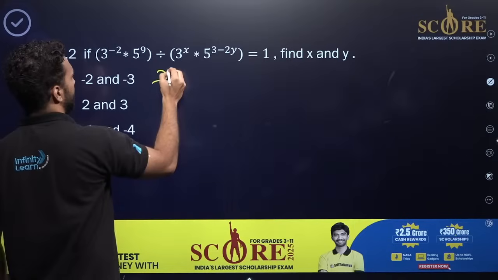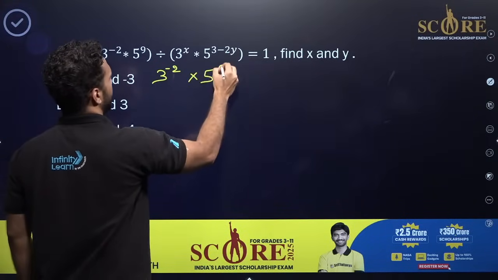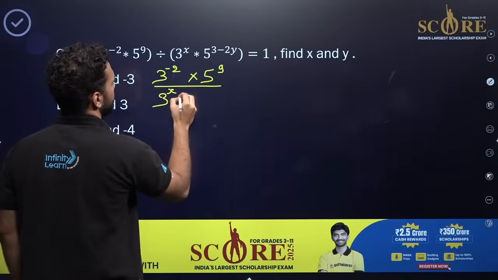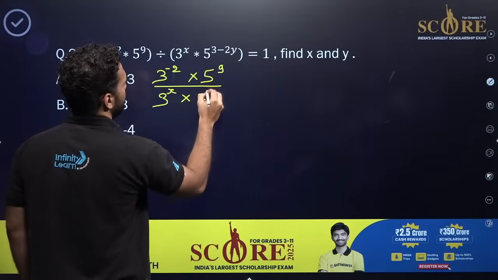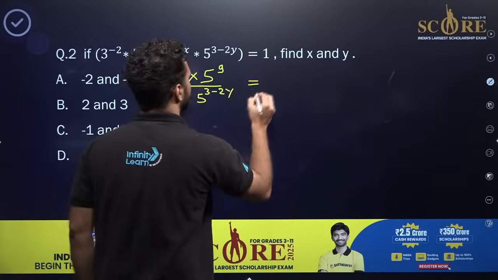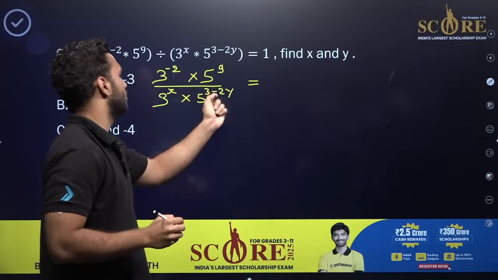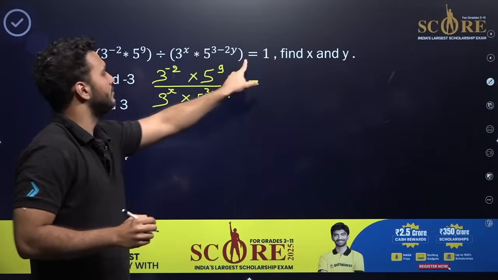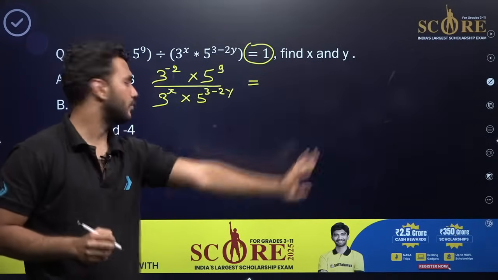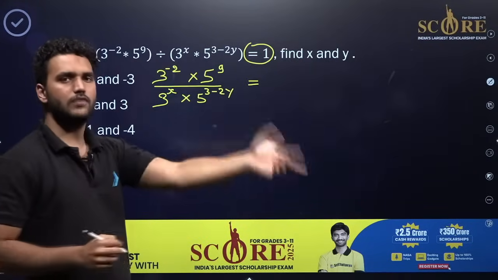Sir, 3 to the power minus 2 into 5 to the power 9 divided by 3 to the power x into 5 to the power 3 minus 2y. Can I write it this way? I am just simplifying this part, and that simplified version of this part will be equal to 1.